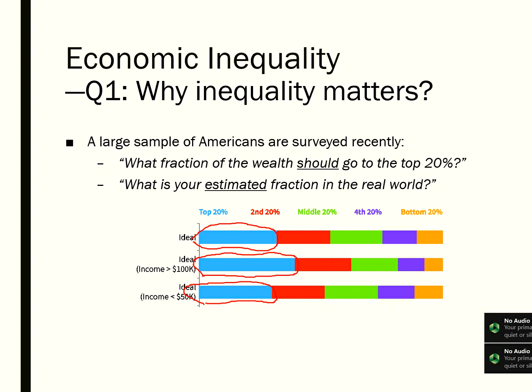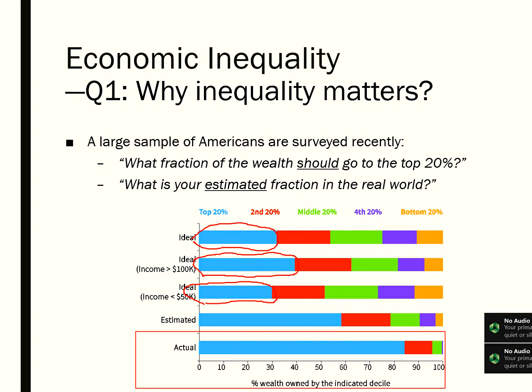On average, people think that about 60% of the wealth belong to the top 20% richest. Therefore, they admit that the reality is far from their idealized world, even for those rich respondents. However, to everyone's surprise, the actual wealth share of the top 20% richest is actually 85%, much higher than the estimates.